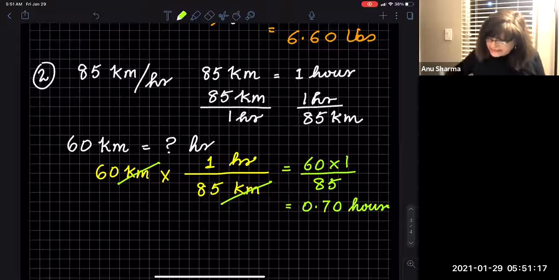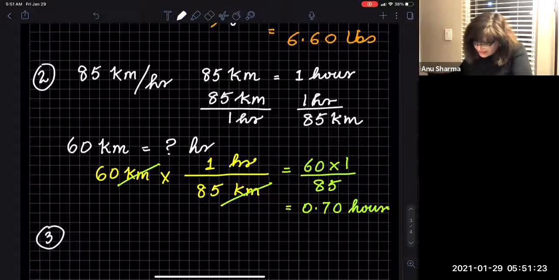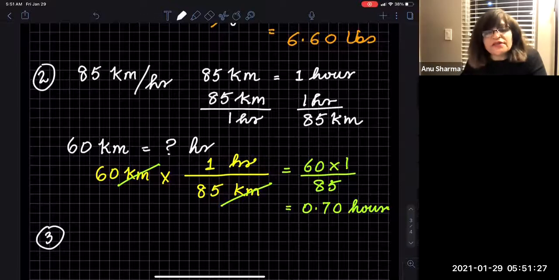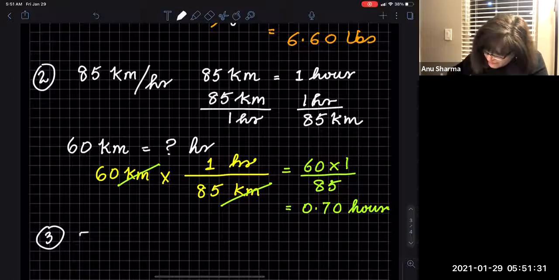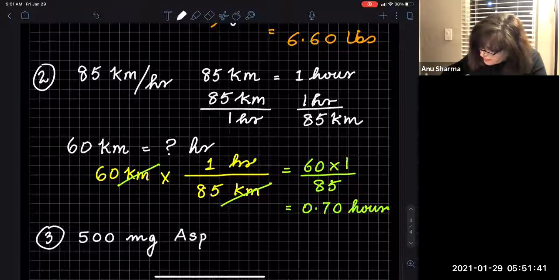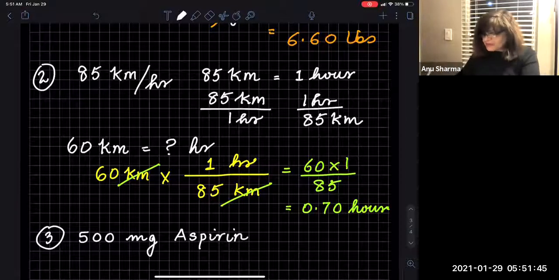So next, let's look at some other problems, which you will see in the medical field. Let us say you have a 500 milligram tablet, 500 milligrams of aspirin tablet, okay?